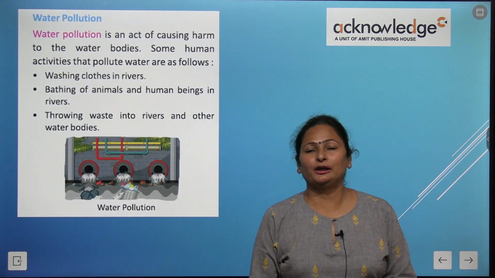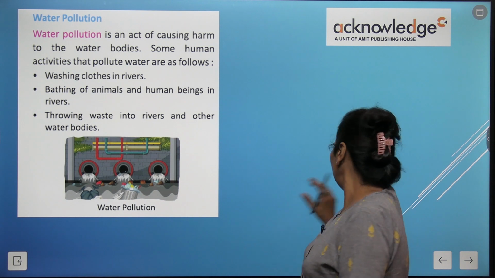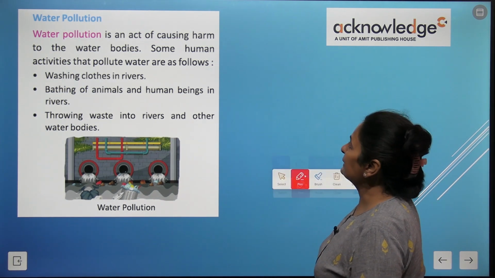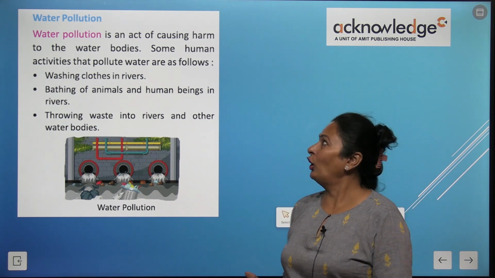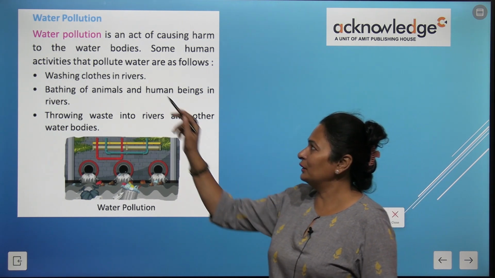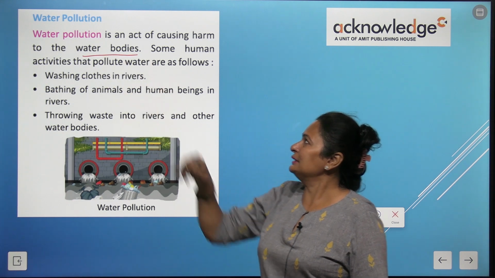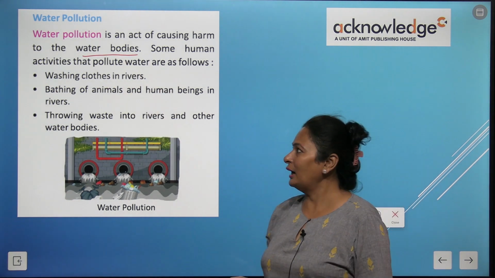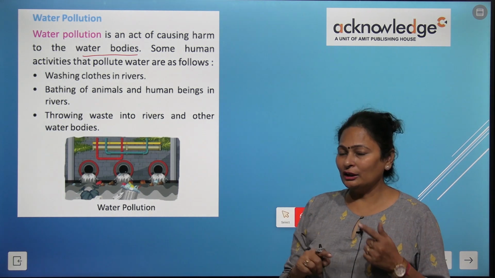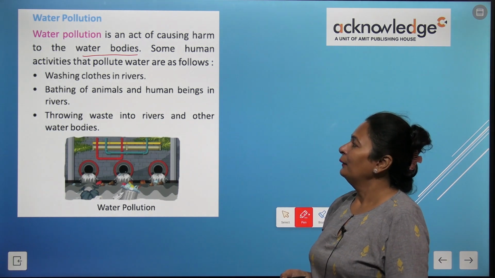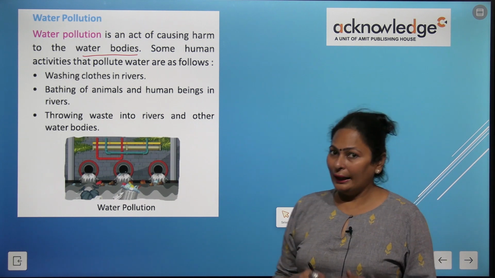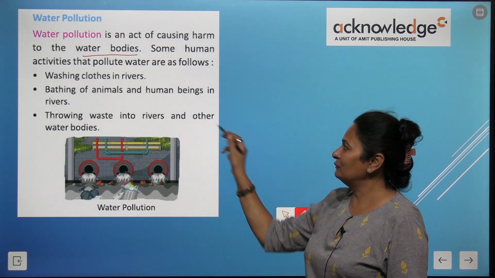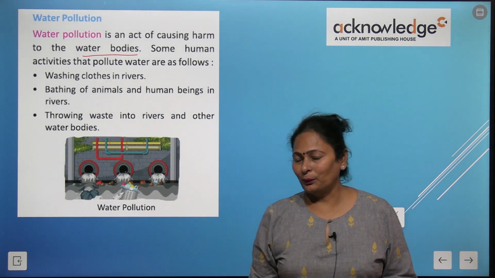Now, the next type of pollution is water pollution. We are harming the water. Water pollution is an act of causing harm to the water bodies. Some human activities that pollute the water are washing clothes in rivers, bathing of animals and human beings in rivers, throwing waste into the rivers and other water bodies.